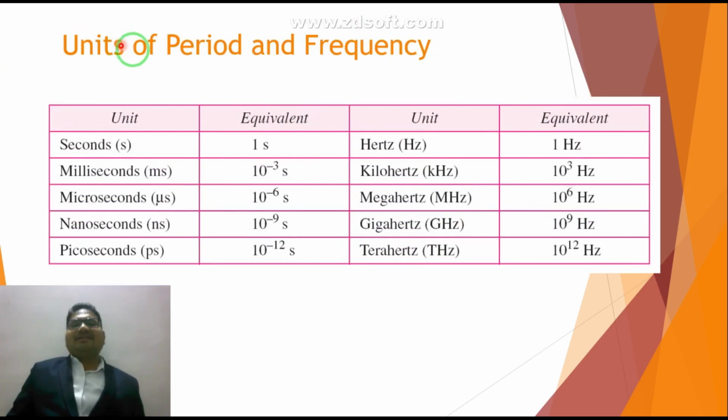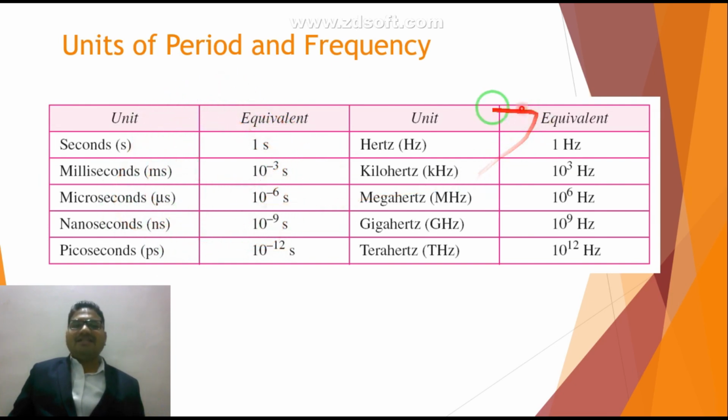Now this is the table of the period and the frequency. See, second is equal to 1 second. Millisecond means 10 raised to minus 3 second. Microsecond, denoted by this one, is 10 raised to minus 6. Nano means 10 raised to minus 9 second. And pico means 10 raised to minus 12 second. These are the units of period.